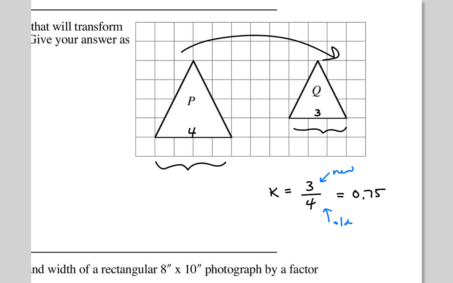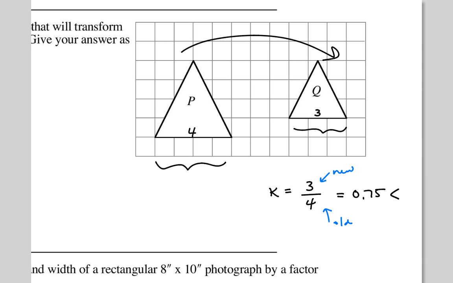Smaller, obviously. And this number for the scale factor is smaller than 1, which is exactly what the page a couple pages ago said.